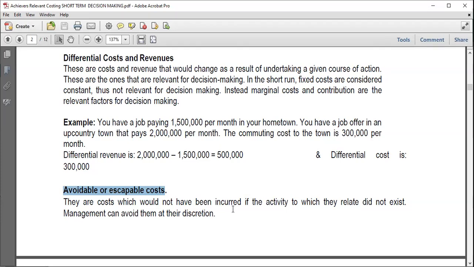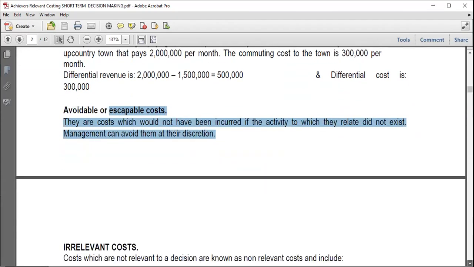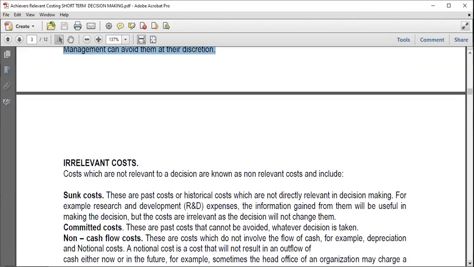If you already have a warehouse, or you already have staff that you're paying, and those staff costs are not avoidable by this decision, and you're going to incur them even if you take the decision or not, then those costs will definitely not be relevant. You get it? So it is very good for us to have that in mind.